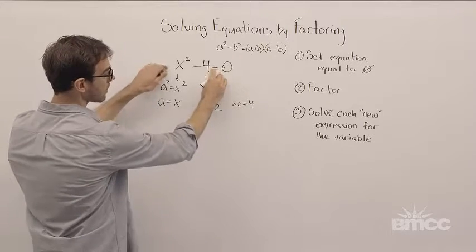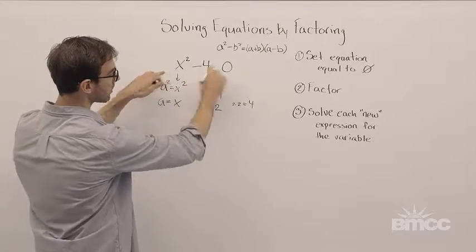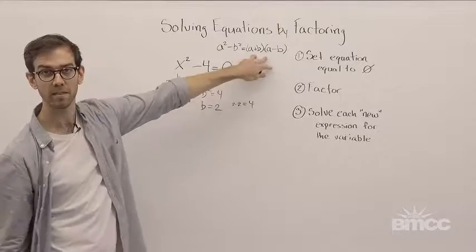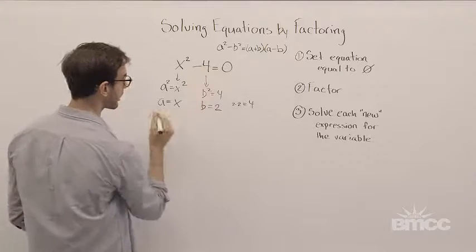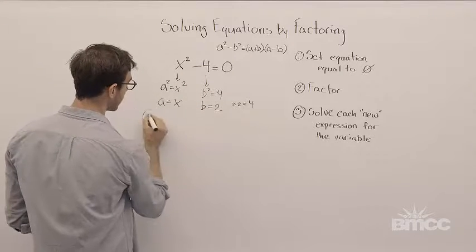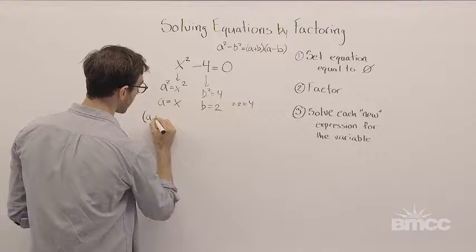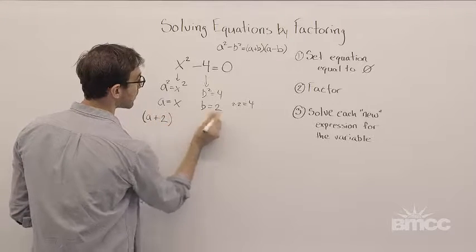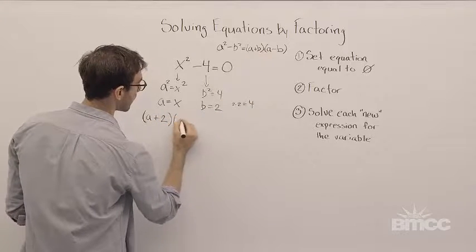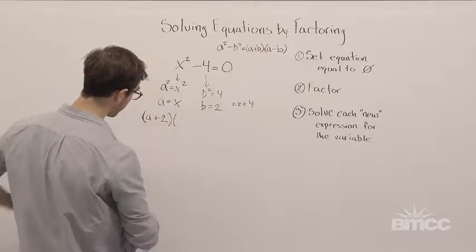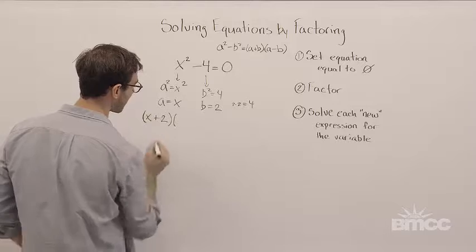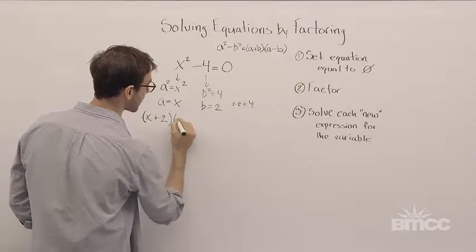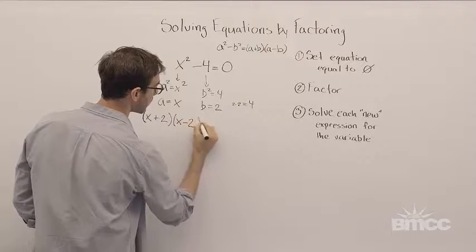So now let's rewrite this expression using this difference of squares form. Our a is x, and our b is 2, so we have x plus 2 times x minus 2.